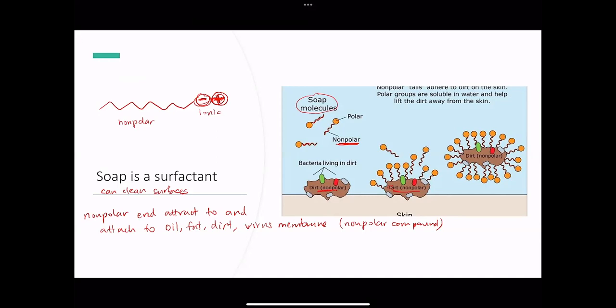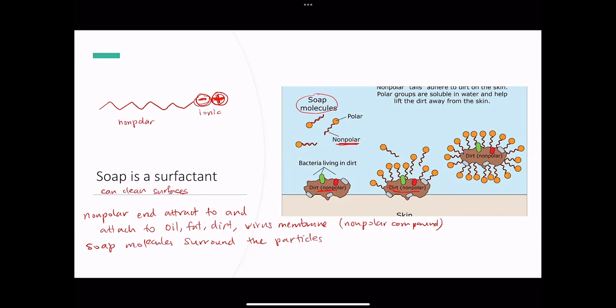And what happens is that the soap molecules will surround whatever the particle is, whether it's oil or fat or dirt or a virus.